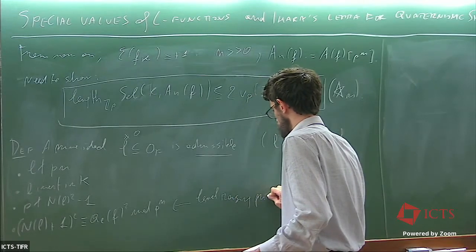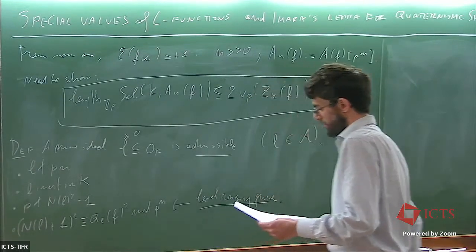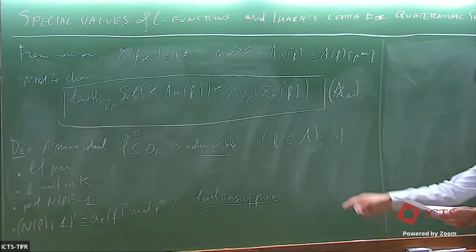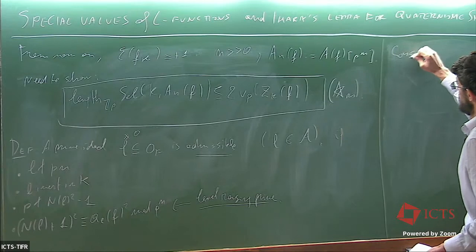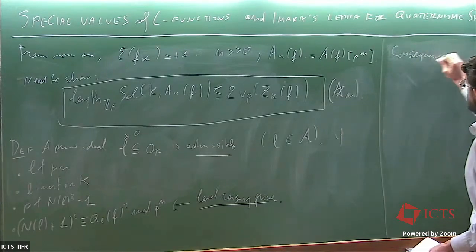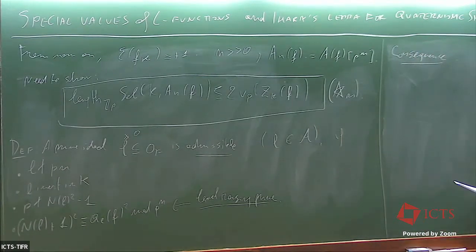So this is what is important in the method, which relies essentially on congruences of modular forms. And maybe a small consequence of the definition, which is not hard to check.